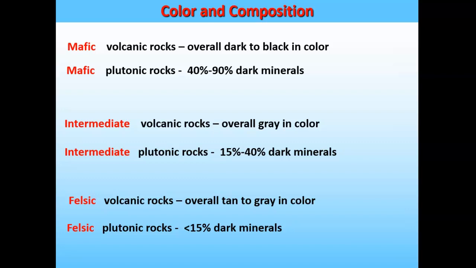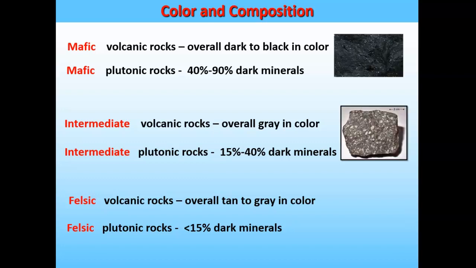On the other end of the spectrum, at the bottom here, the term felsic is for the really light colored rocks. For volcanic rocks, they would be tan to light gray, and those have lots of quartz and sodium plagioclase and things like that that form light colored minerals. And then, of course, the intermediate. Typically, given 3 samples, you would be able to pick them out because you could compare the colors.